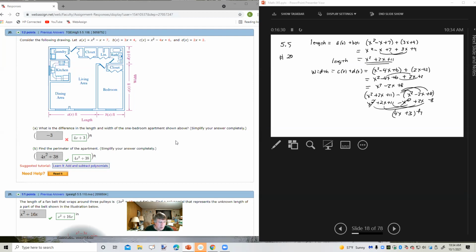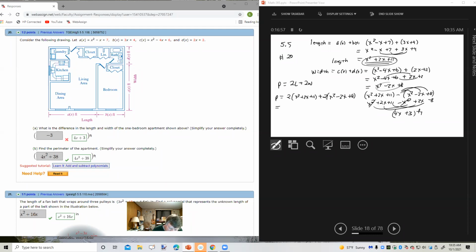Okay, then part B says find the perimeter of the apartment. Well, perimeter is 2 times the length plus 2 times the width. So the perimeter would be 2 times the length plus 2 times the width.